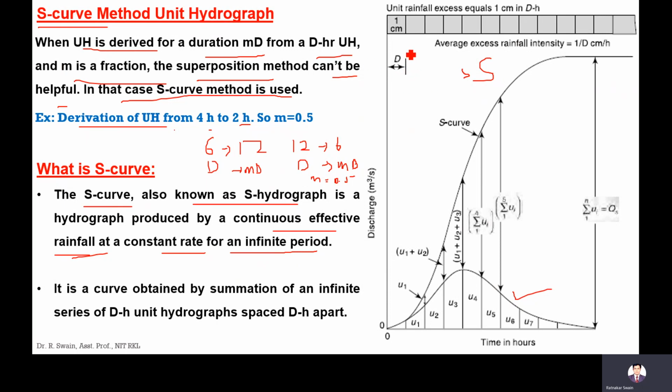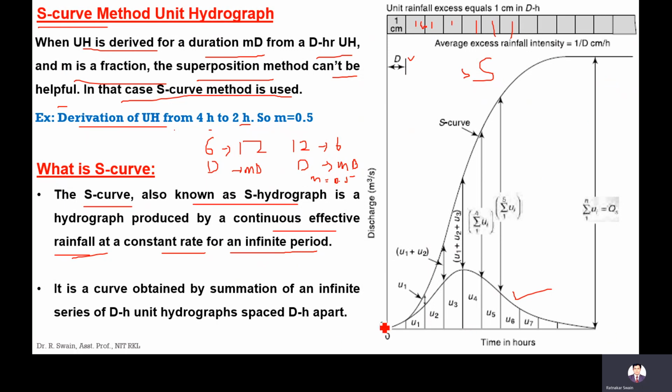If you can derive a curve of the same excess rainfall occurring consecutively in successive periods, for an infinite period, next 1 cm occurring in the next D hour, per next D hour 1 cm, and so on like this for an infinite period, that hydrograph we can determine, and that is called the S curve.